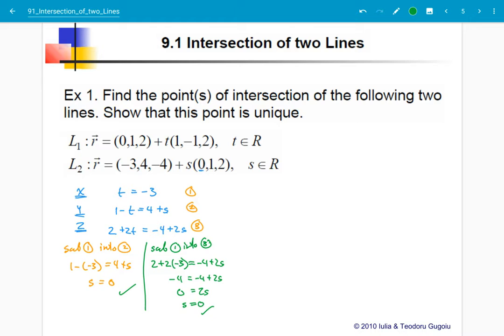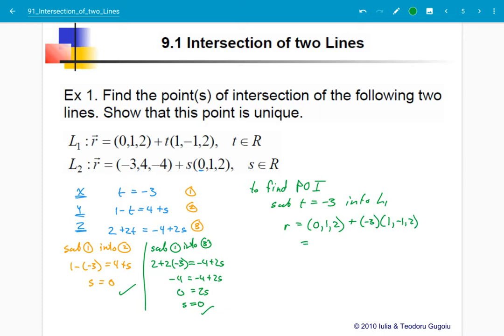Okay. So to find the POI, sub t is equal to negative 3 into line 1. So 0, 1, and 2 plus t is negative 3. So negative 3, 1, negative 1, and 2.